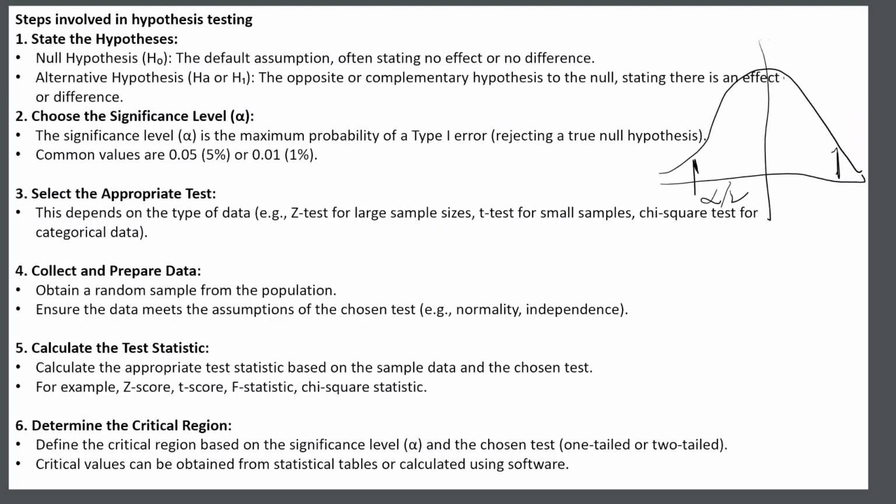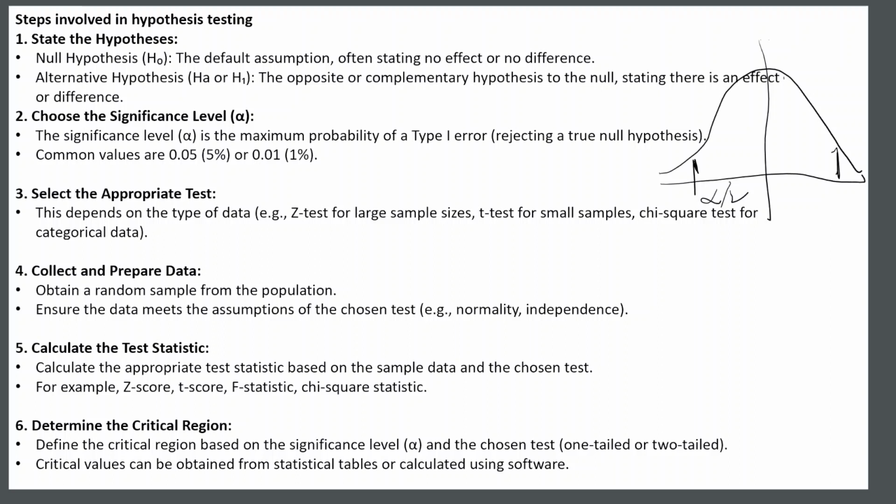For the t-test we use a similar way, but we use t-score tables. The F statistic we use for validating our claim. And for categorical data, we use the chi-square test statistic.